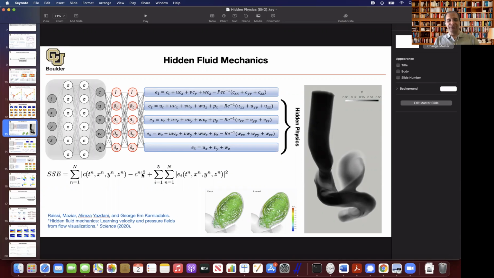What is 0 on a computer? Is 10 to the power negative 6 0 enough? Or is 10 to the power negative 12 0 enough? And this is the idea of how much you want to push your residual towards 0.